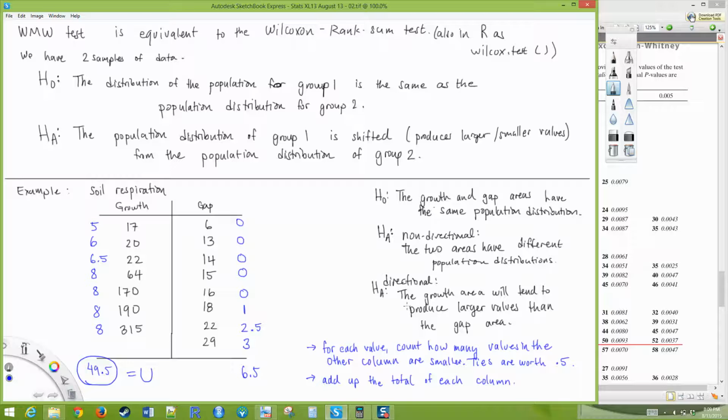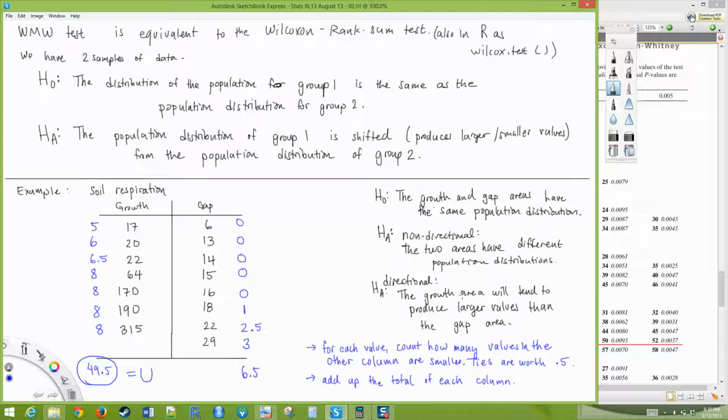So if we wanted to do a directional alternative, the first thing we need to do is a directionality check. Here it says the growth area will tend to produce larger values than the gap area. We go through the process and we get 49.5 versus 6.5. So in that case, yes, we might have evidence supporting the idea that the growth produces larger values than the gap.